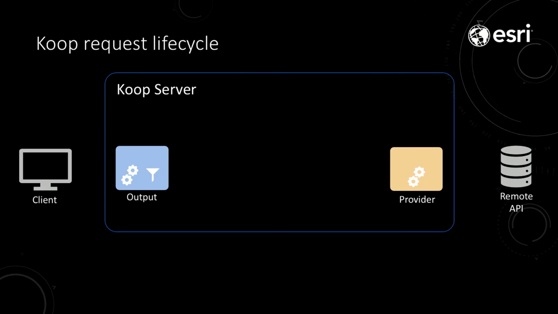So this is still a bit of a conceptual overview, but it's a little less conceptual. What happens is a client makes a request to Koop using that request form that I just showed. And the Koop server knows which output plugin to send it to.